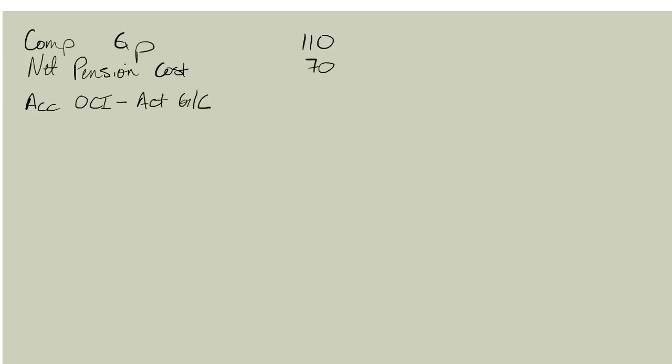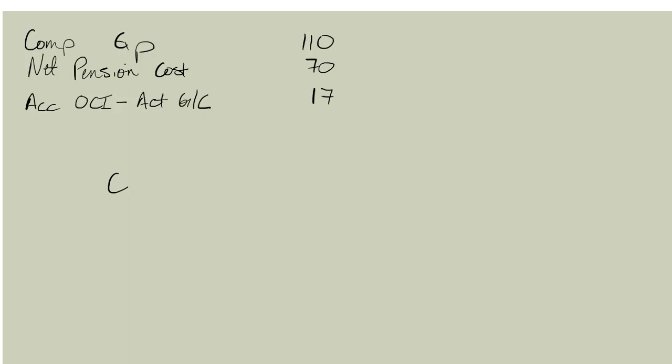Compensation expense, 110. Net pension cost, 70. And the sum of those two gives us that 180. That's got to be our total pension cost. Then we have our accumulated OCI, actuarial gains and losses. It was a debit as well for 17,000.